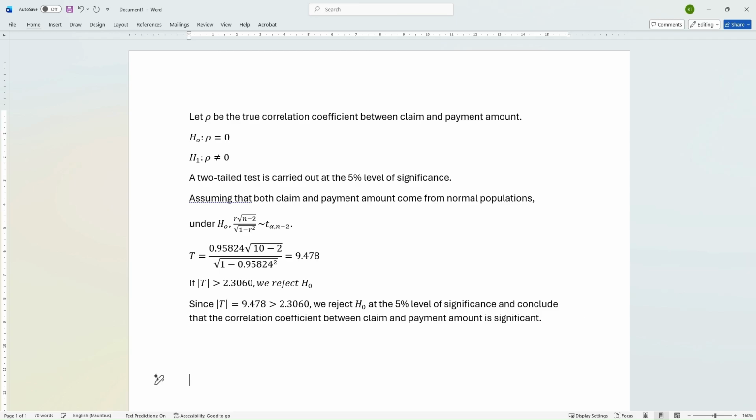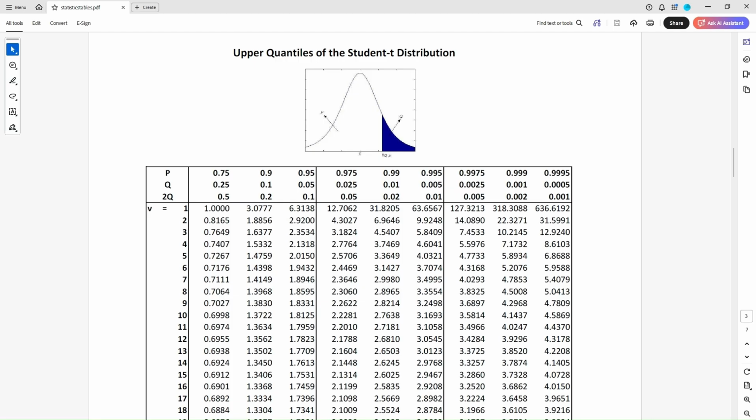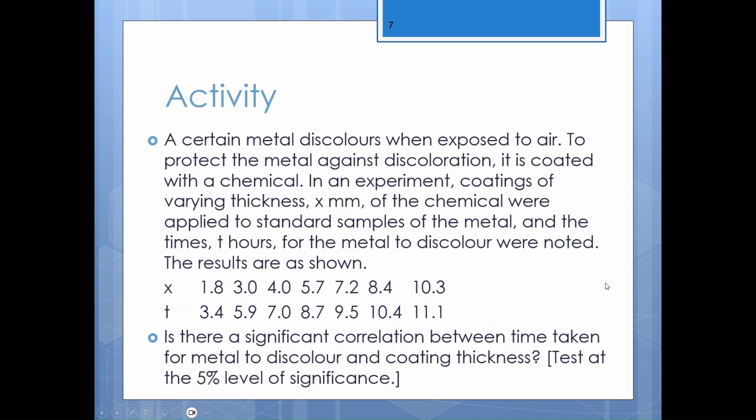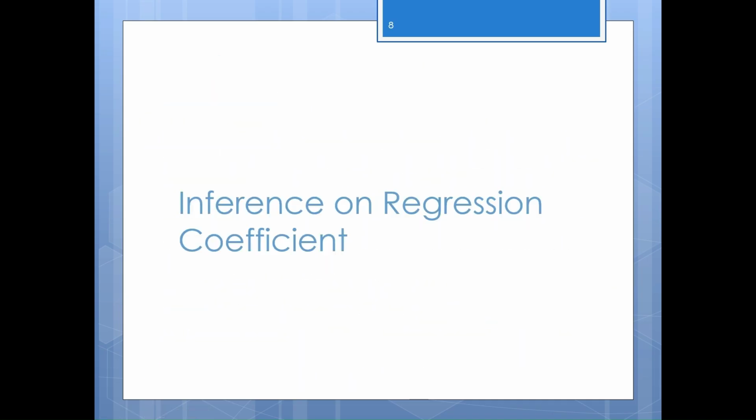Now, the same thing I'm going to do for regression, okay? It's important that you understand how to do these manually. Why? Because when I get into the computational part in R, things will get a little bit easier. So let's move directly on to inference on the regression coefficient.